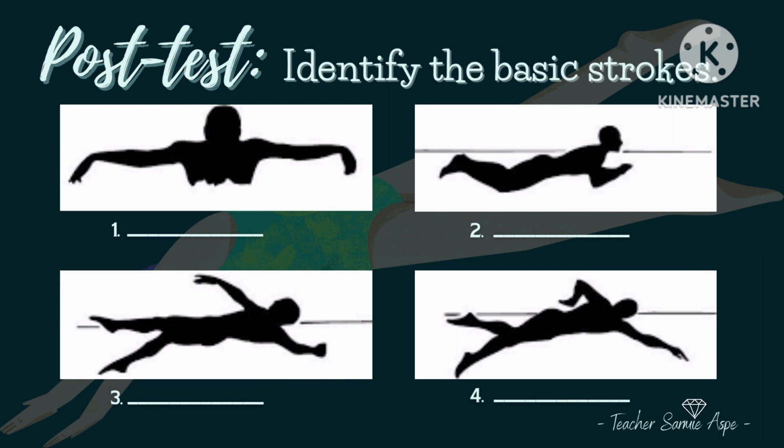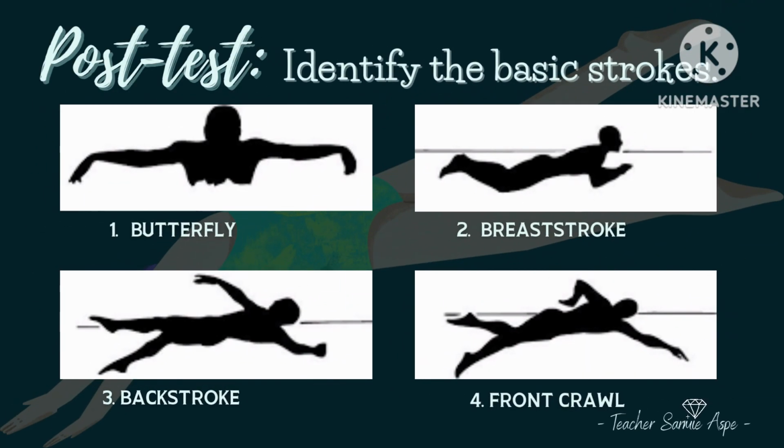You are going to identify the basic strokes. And for the answer, number 1, butterfly, 2, breaststroke, 3, backstroke, 4, front crawl.